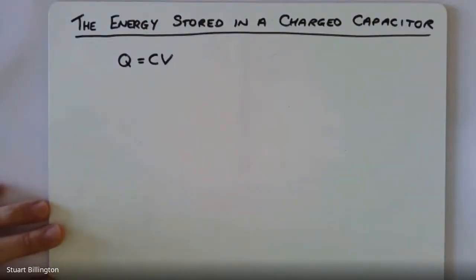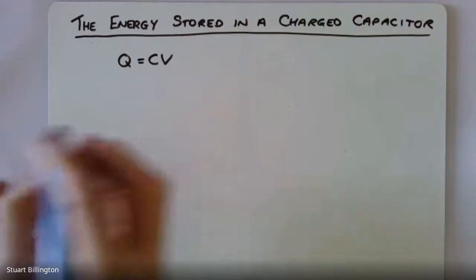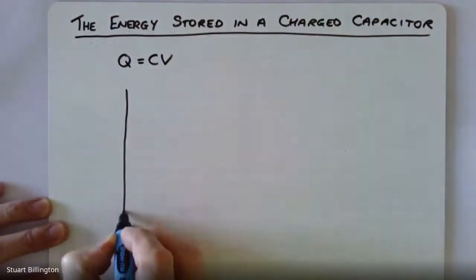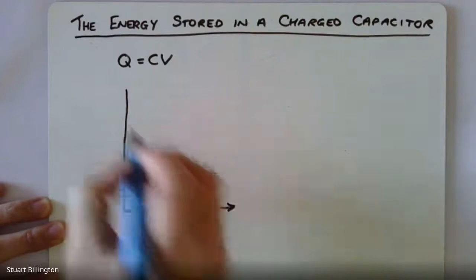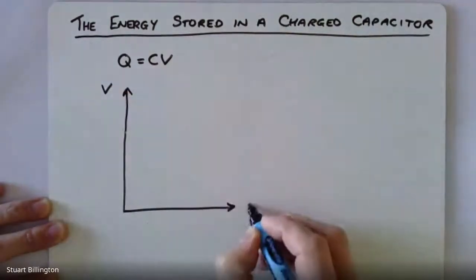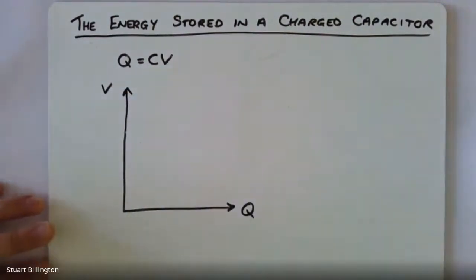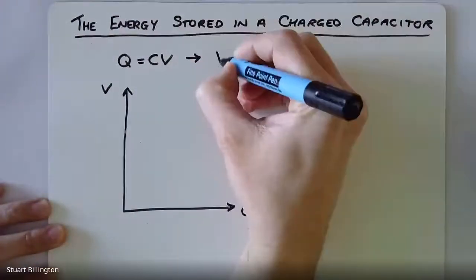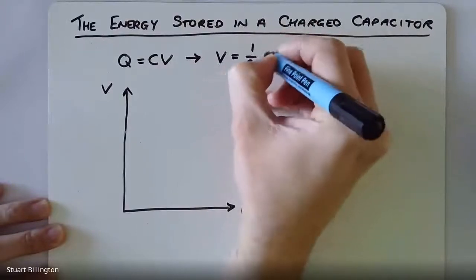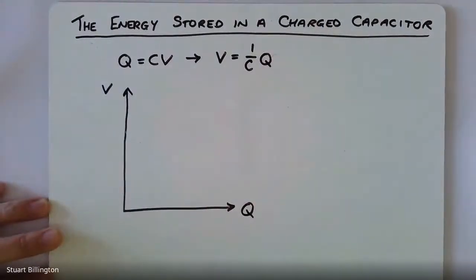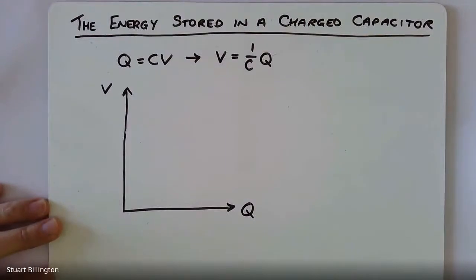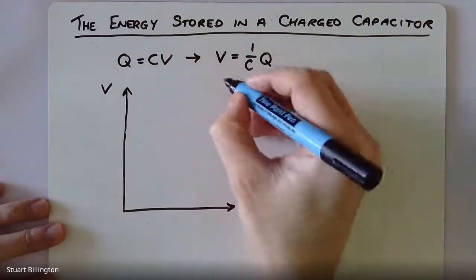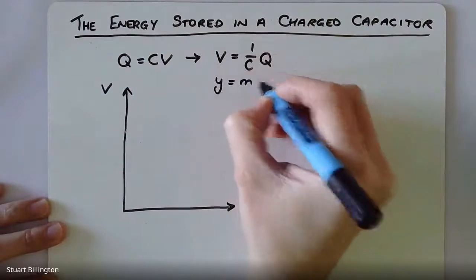And what we're just going to do is have a look at drawing the graph of that. Traditionally, the graph is always drawn with V on the y-axis. And the subject of the equation is currently Q, so it will make our lives a little bit easier if we just rearrange this equation to see that V is 1 over C times Q. And we just compare this with y equals mx.